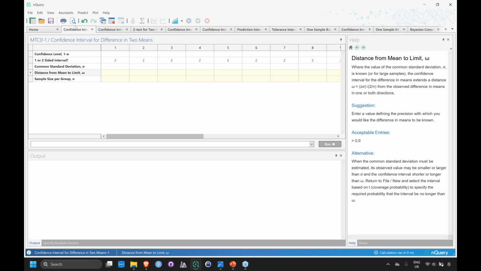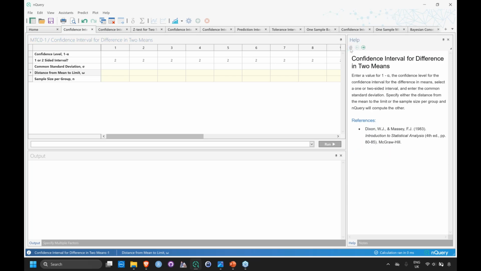Then each column represents a separate independent calculation. So for example, here, if I fill from confidence level down to standard deviation, and then enter one of omega or n, nQuery will automatically calculate the other. Each table has what's called a home card, giving a description of the method that will be used and the references.